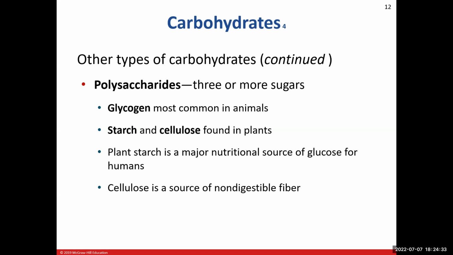But then we have our cellulose. That is going to be a non-digestible fiber. The big reason is that our body has a very difficult time breaking down the cell wall. If you've never taken a biology course, when you're learning about animal cells versus plant cells, one of the big differences is that plant cells have a cell wall.